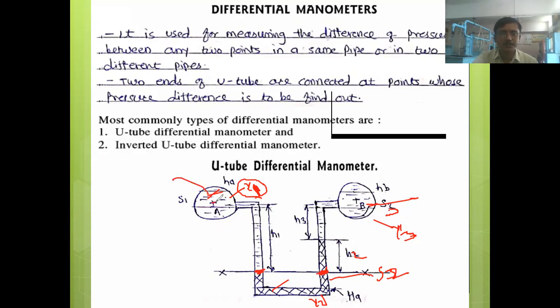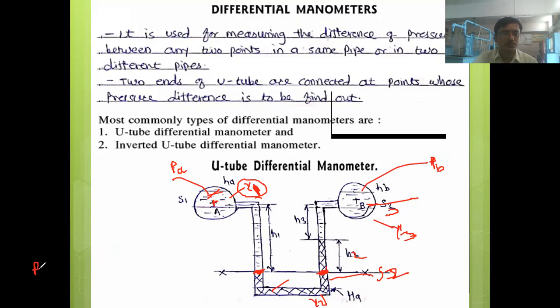Let the pressure intensity in pipe A be represented by PA, and the pressure intensity in pipe B be represented by the notation PB. And now, what are the pressure intensities acting at this particular point?